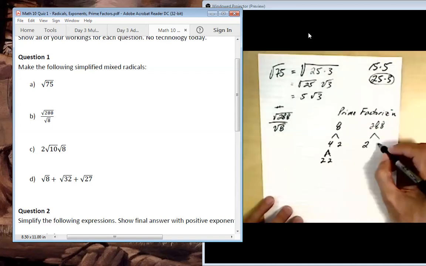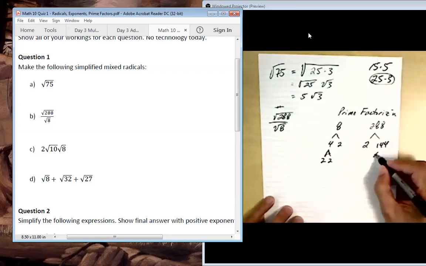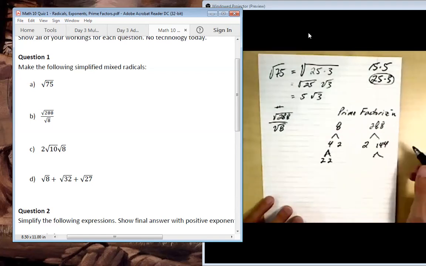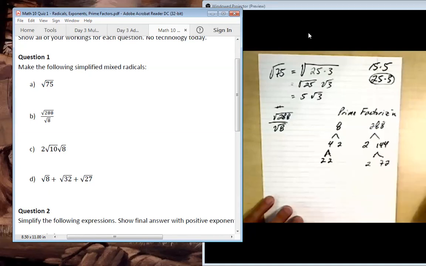Heard from class, 144. What next? Two numbers that multiply to give 144. 2 and 72. Not bad. What next?